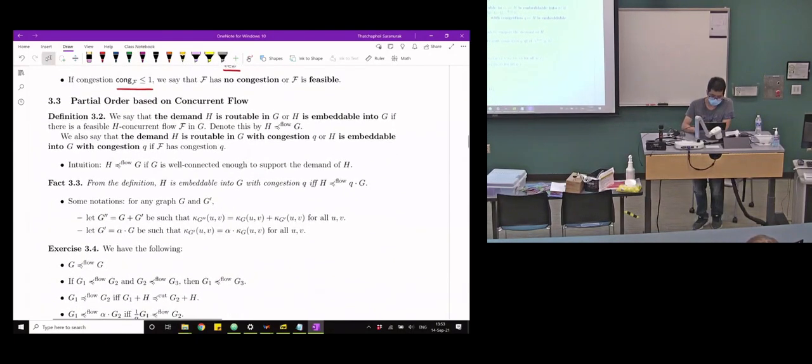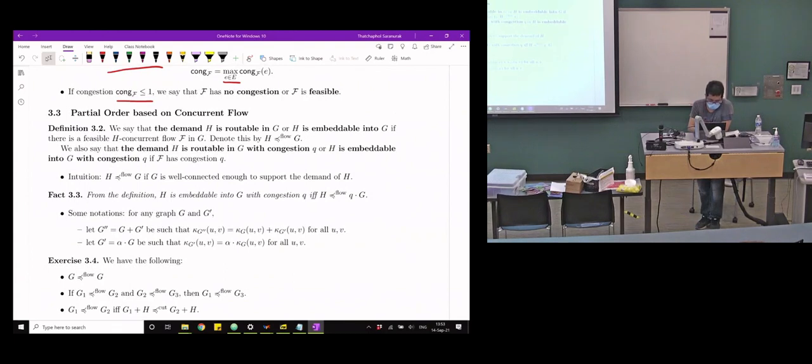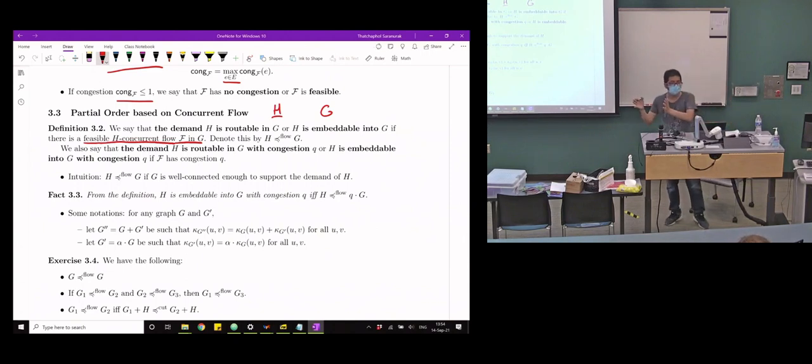Now comes another important definition. When I have the demand H and I have G, if there exists a feasible H-concurrent flow in G, that is, if I can embed H into G, then we say that H is embeddable into G, or the demand H is routable in G. Make sense?